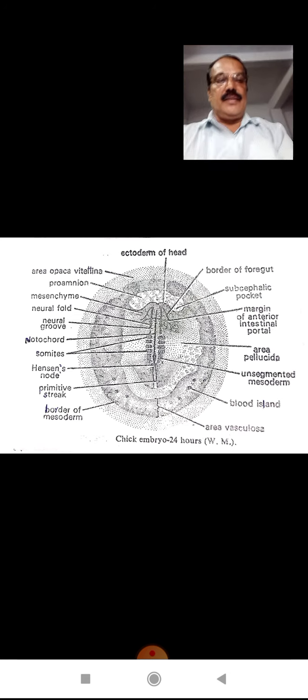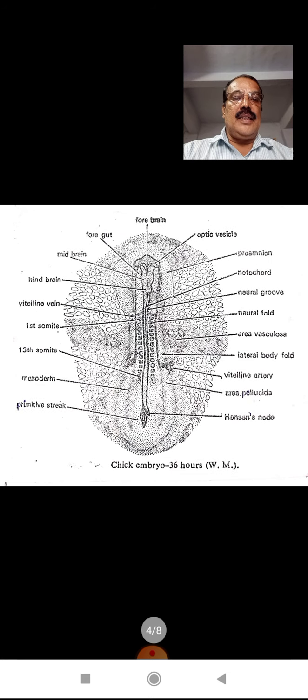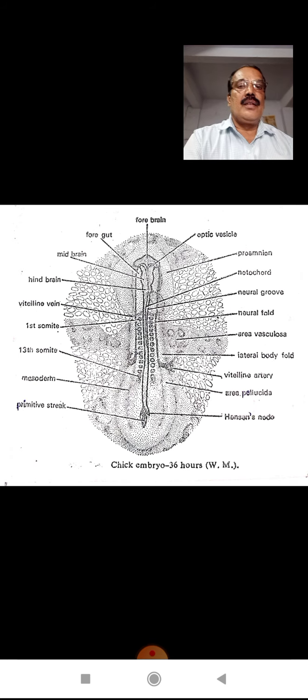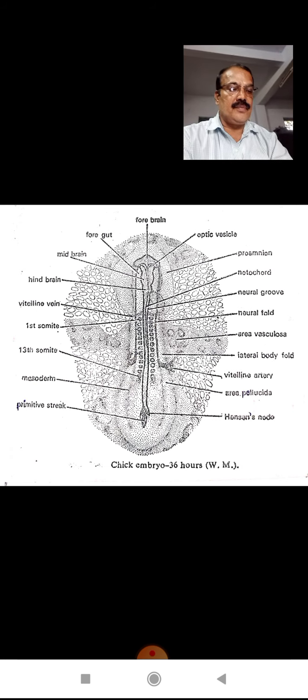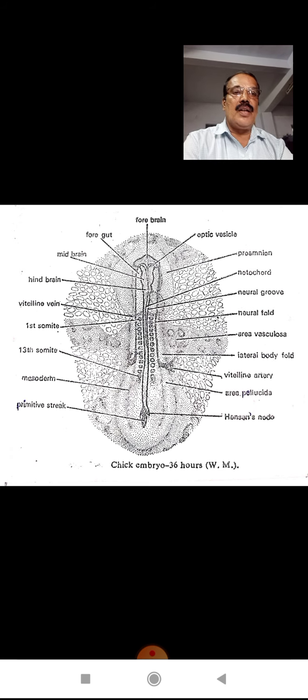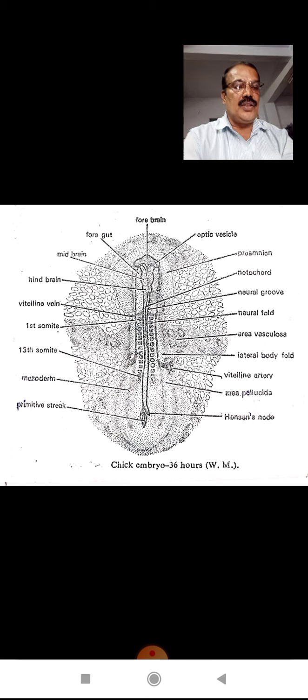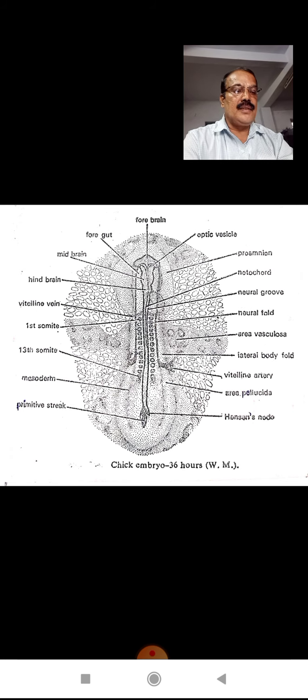Next one is the 36 hours chick embryo. The whole mount of 36 hours chick embryo gives certain peculiarities. The brain is differentiated into forebrain, midbrain, and hindbrain.